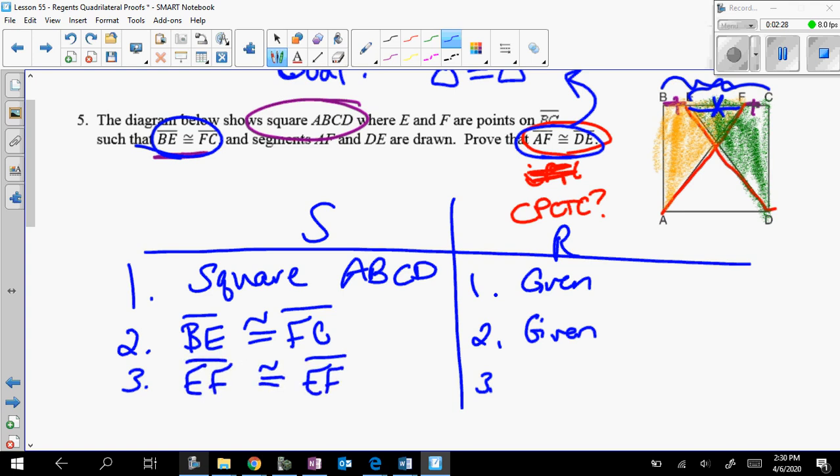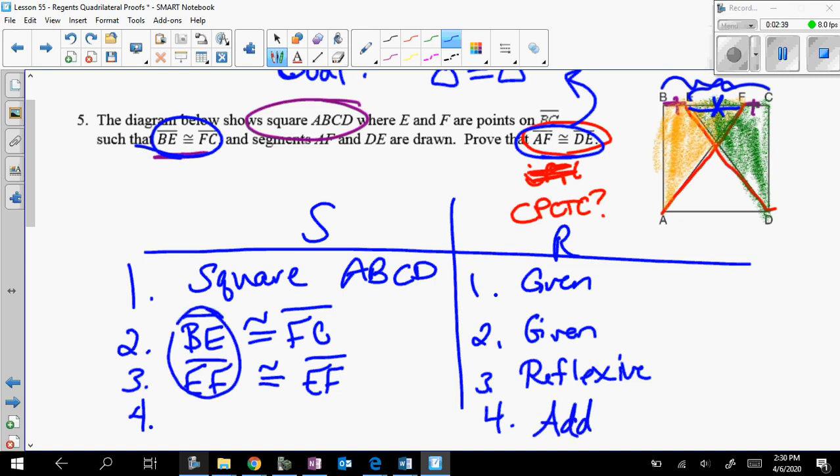So we're going to say EF is congruent to EF by reflexive postulate. Now by addition postulate, we're adding down. You're going to end up with bigger pieces because a part plus a part equals the whole piece. So BE plus EF is equal to the whole part BF.